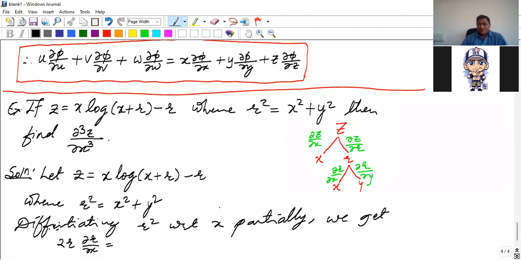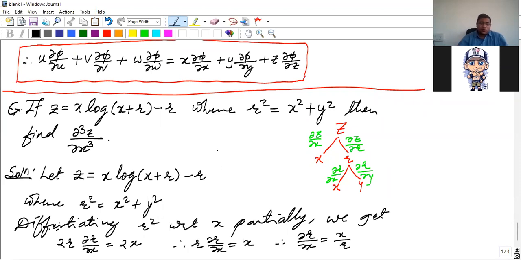Are you able to get this? Yes, sir. And on this side, we get 2x only. Is that okay? Because we are differentiating partially, y is treated as a constant. So I can have r double r by double x is equal to x, so I can write double r by double x is equal to x by r. Is that okay? Yes, sir.